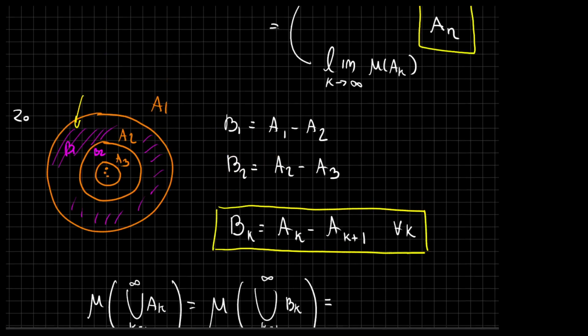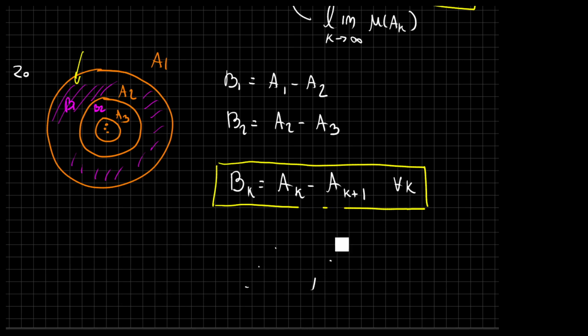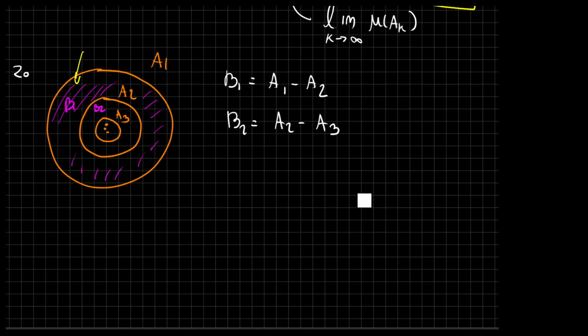Let me rewrite this. So what happens if we fix the first? This is all right, but what happens if V1 is the empty set, and then V2 is equal to A1 minus A2, and so on.